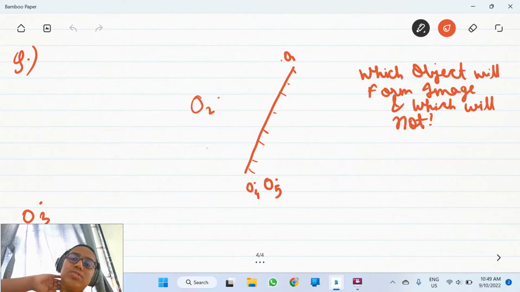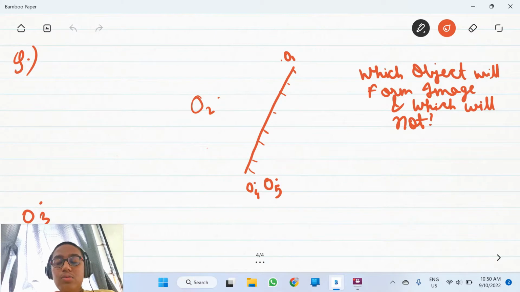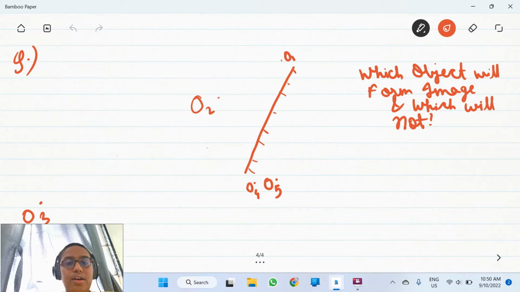I am giving you such questions so that you will build up your mind out of it. These are the points which, if you get them, you will easily solve the easier questions also. Now, which object will form an image and which will not? This is a very interesting question.